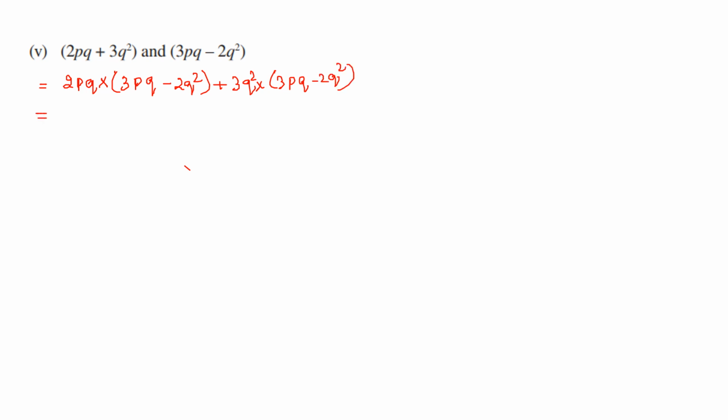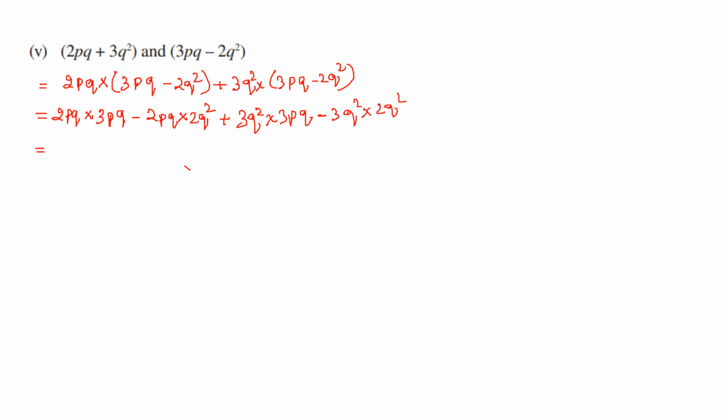Now start multiplying the first term of the first binomial with each term of the second binomial using the distributive law. So 2pq into 3pq minus 2pq into 2q square. Now plus 3q square into 3pq minus 3q square into 2q square.